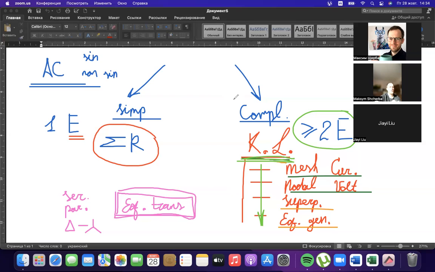Because this whole picture, all these equations, are algebraic equations. That means that inside them we use only plus, minus, divide and multiply operations. Only algebraic equations, because in direct current all variables are constants, and the type of mathematics is just linear algebra.